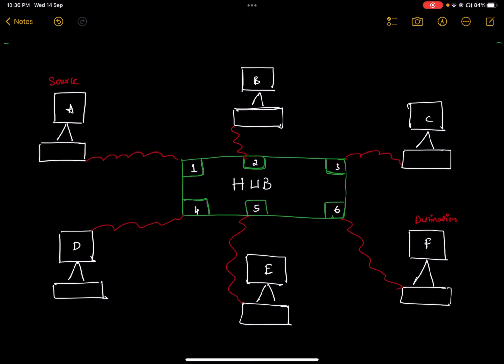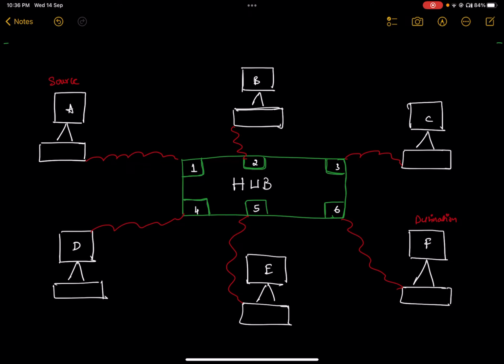Using a hub, we all know that a hub is not an intelligent device. Why? Because the functionality of a hub is designed in such a way that it doesn't understand any bits or the data present in the frames. So it lacks that basic intelligence, and it cannot discriminate the source of information present in a packet, and because of that, it cannot deliver packets to specific ports. So what do I mean by that?